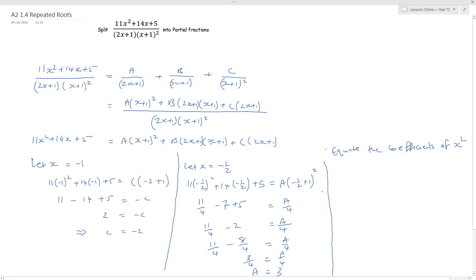Let's just draw a line here. Right, so the coefficient of x squared here is 11. So on the left hand side I've got 11. And that's going to be equal to, on the right hand side, if I expand that out, that'll give me x squared plus 2x plus 1. So the coefficient of x squared is going to be A. So 11 equals A.